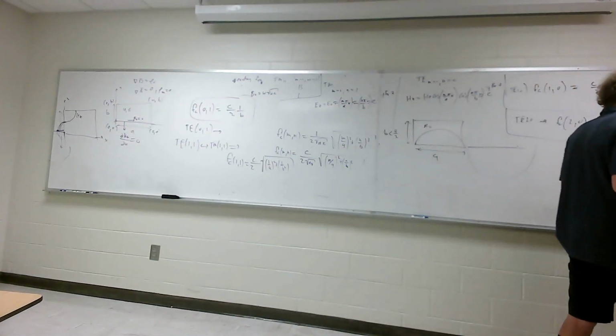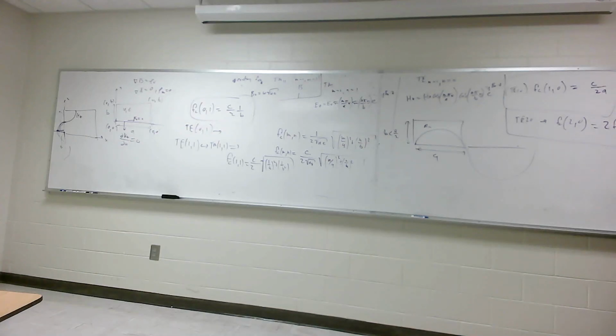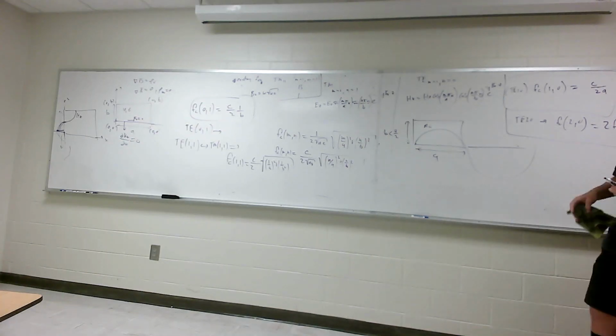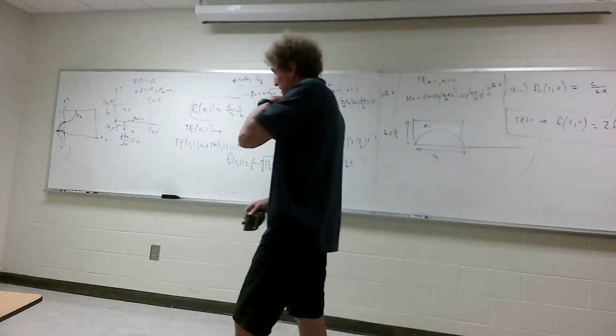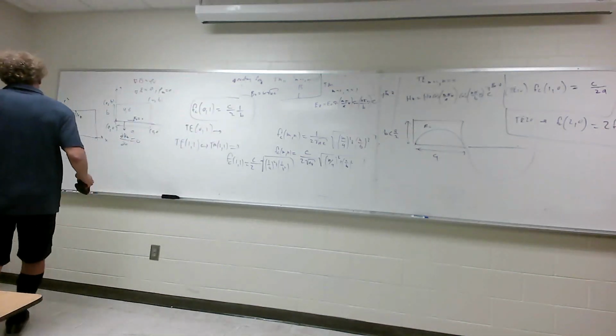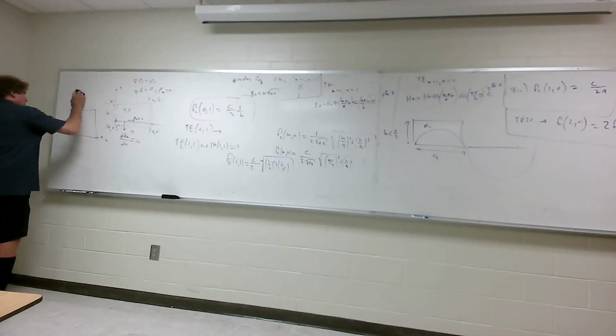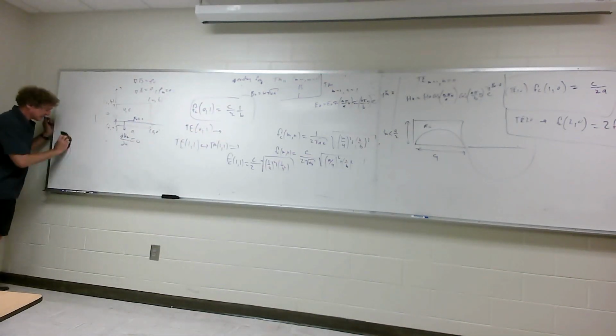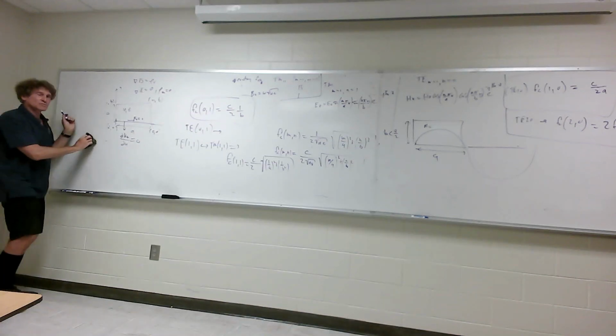We didn't cover antennas, so I can't effectively talk about it, but let me just show you what these things look like. It really does help to visualize what's going on here.